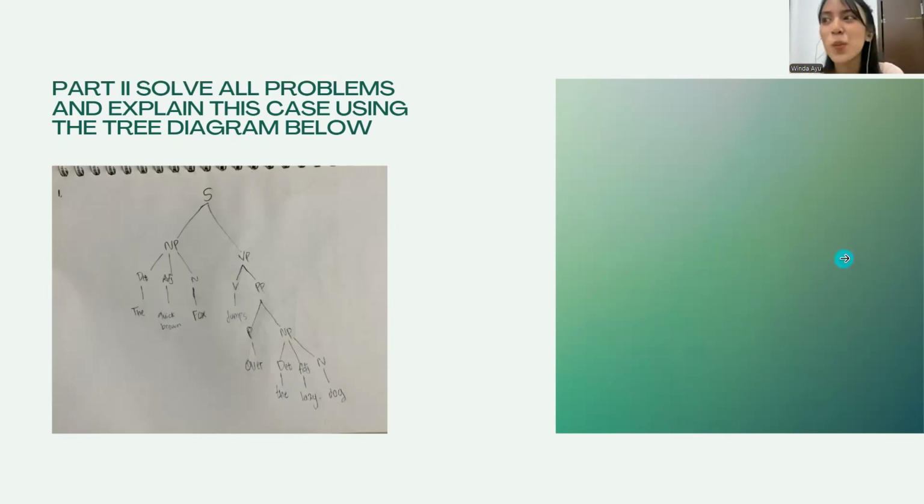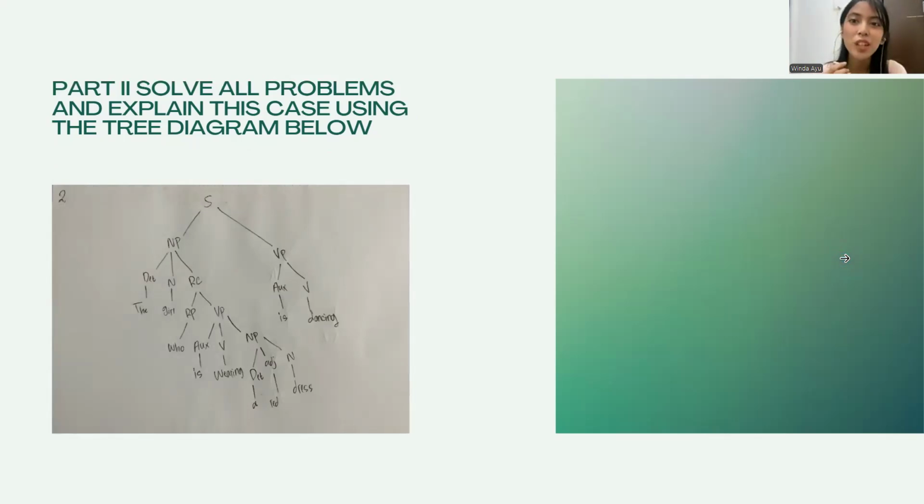Next. The girl who is wearing a red dress is dancing. The subject, the NP: the determiner is the, the noun is girl, and the RC, the relative clause, is who.